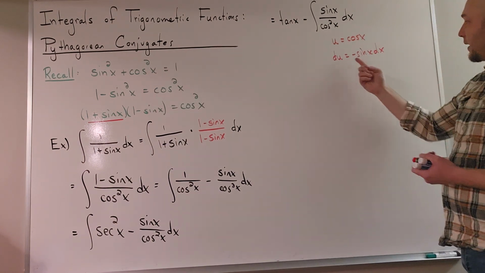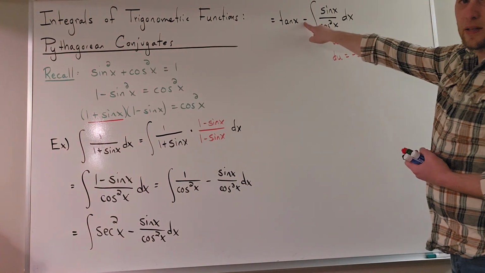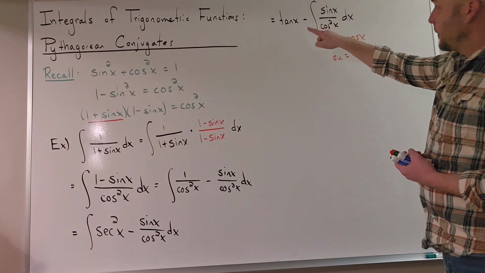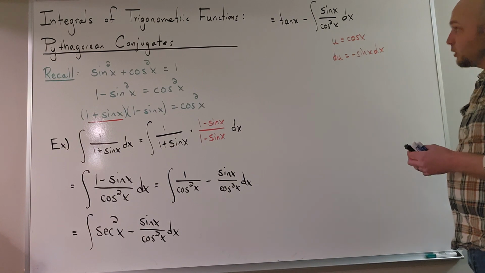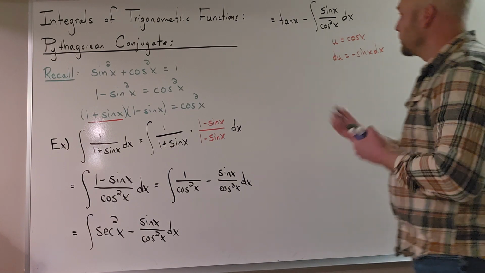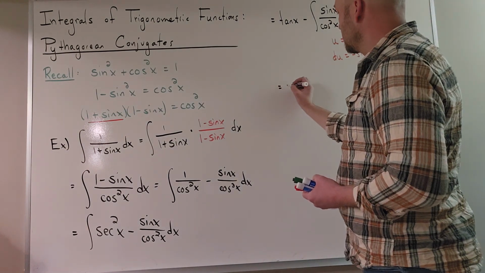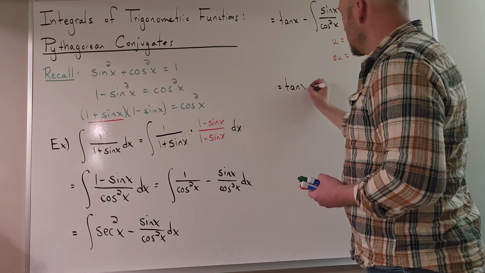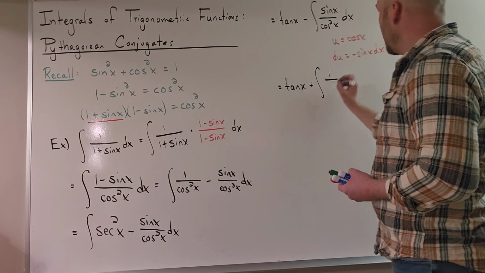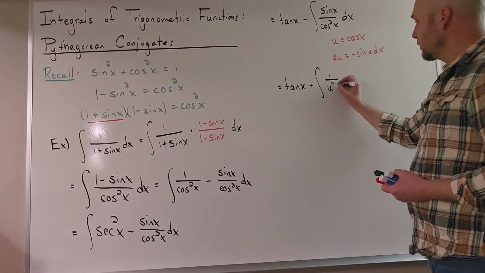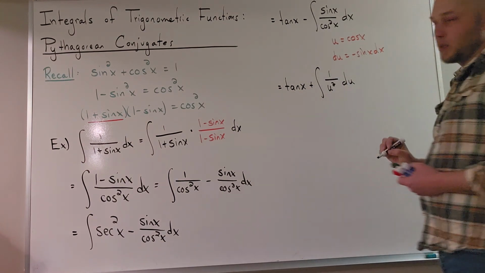And for the minus sine of x, I've got a minus that I can take inside the integral, and then I've got a sine and then a dx, so that will all get incorporated into du. Therefore, this becomes tangent plus the integral of 1 over u squared du.